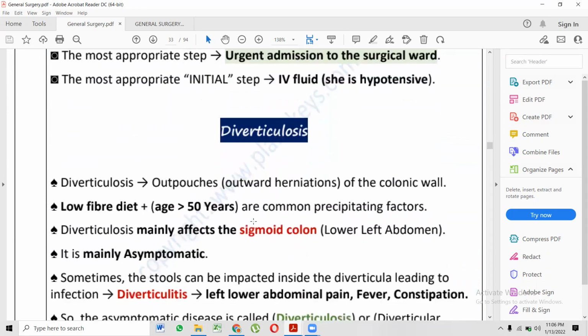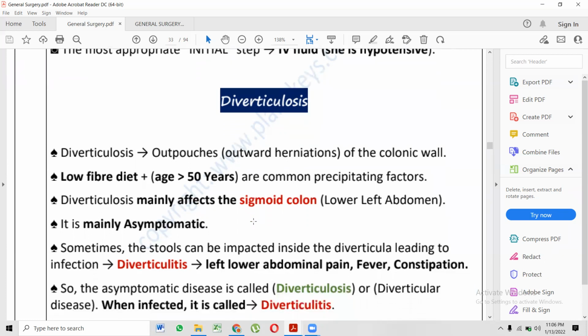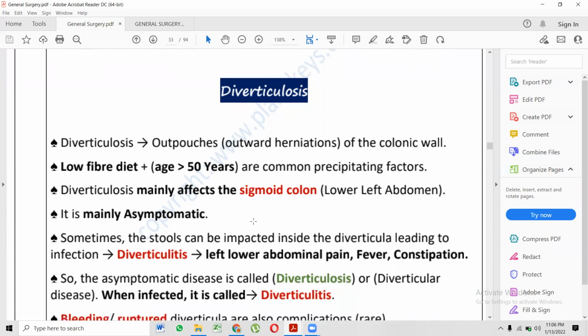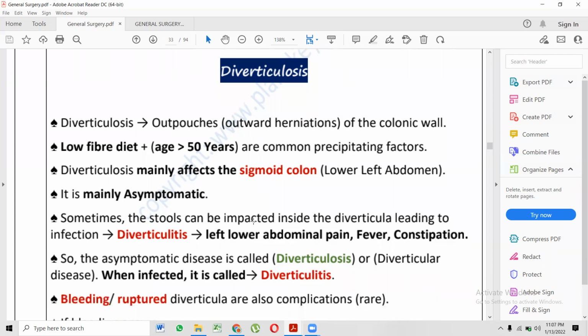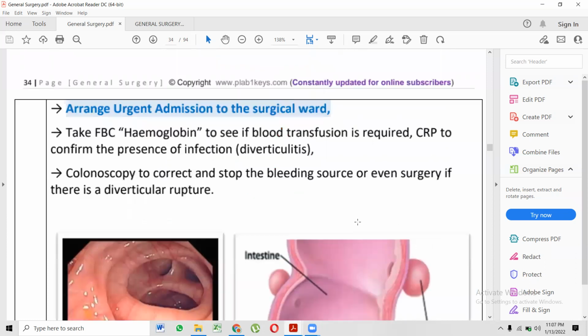Simple outpouching is called diverticulosis, due to a low fiber diet. When fecal matter is impacted in the outpouching, it can lead to inflammation or infection, which is called diverticulitis, and which can result in bleeding. It will present with left lower abdominal pain, fever, and constipation.